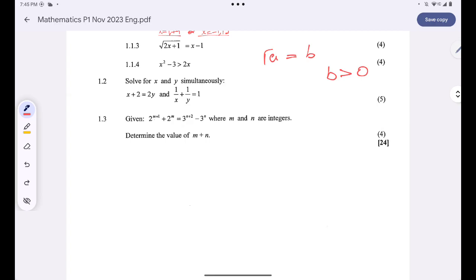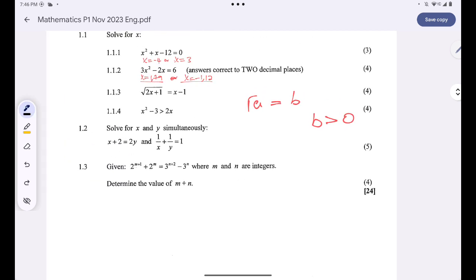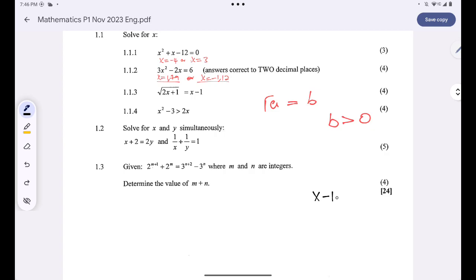Are you together? So in this case, my restriction is x minus 1 is greater or equal to 0. So x is greater or equal to 1. Are you together? So in this case, I'm expecting to find an answer which is greater or equal to 1. If ever my x is not greater or equal to 1, that x will be not applicable.